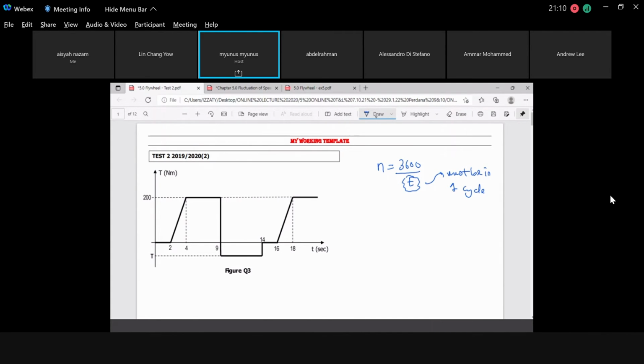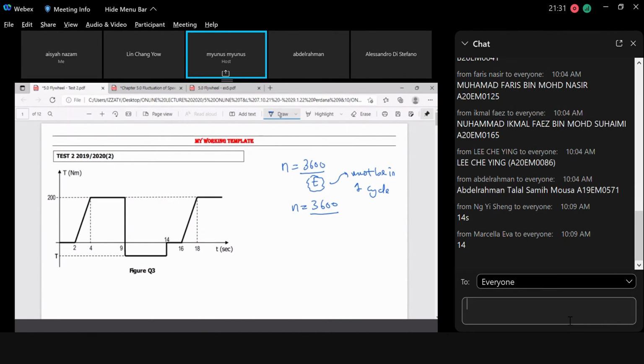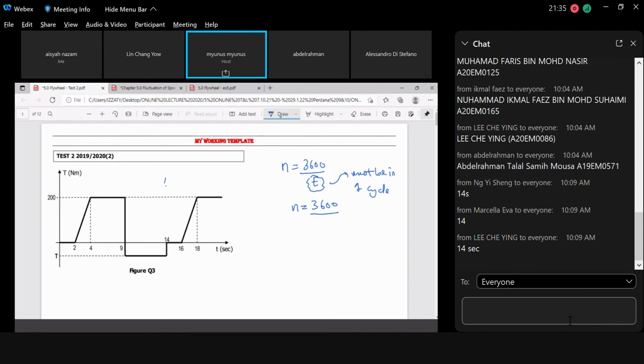So what you have is so many cycles, isn't it? You have to read the equation, or read the graph, to define where one cycle stops. Could anyone tell me where one cycle stops? So I put here N equal to 360 divided by, tell me where it will be. Yes, this one, 14. So you end up here, one cycle, so you have this one divided by 14.